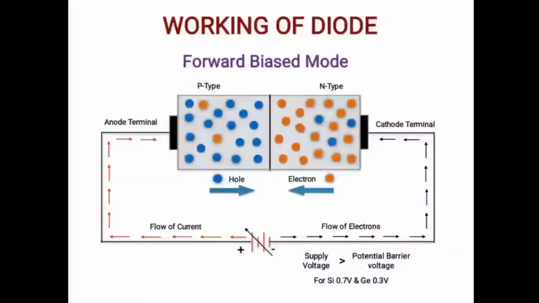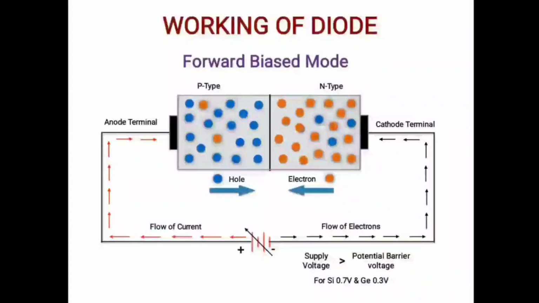If the external applied voltage is more than the barrier potential of the PN junction diode, which is 0.7 volt for silicon and 0.3 volt for germanium, the junction depletion region will fully demolish. Then the electrons of N side and the holes of P side can freely cross the junction to reach their opposite regions.